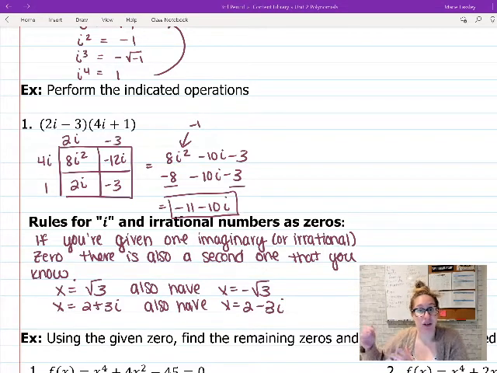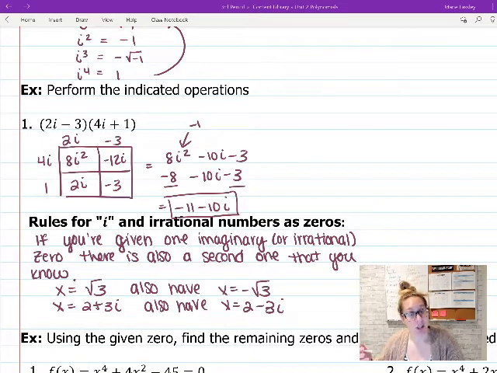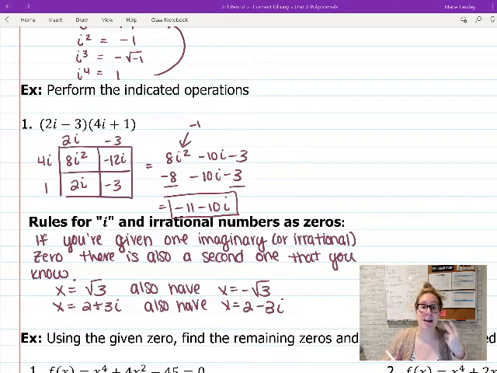It would have been plus or minus negative 9, right? So you have 2 plus the square root of negative 9, which is 3i, and you have 2 minus the square root of negative 9, which is 2 minus 3i. All right, so irrational and imaginary numbers come in pairs. That's the main takeaway from this.